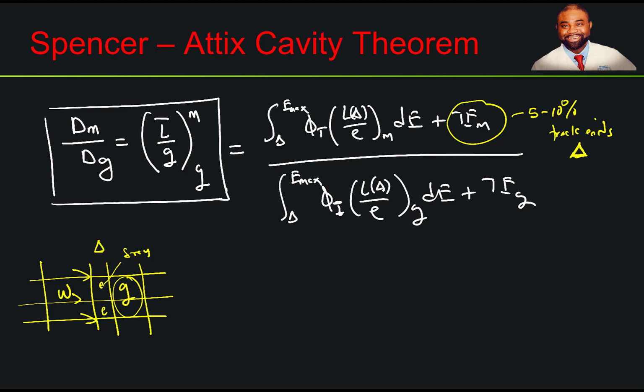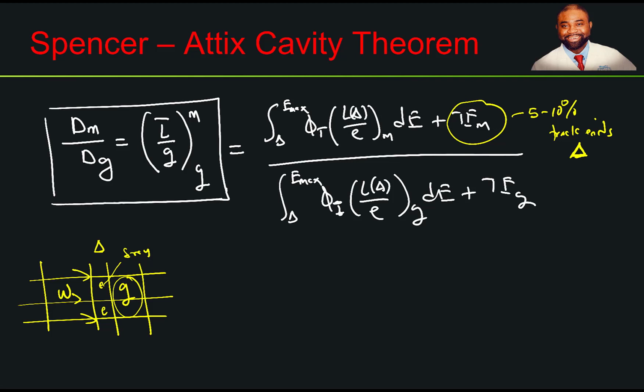This lowest energy for which secondary electrons must be considered is simply known as delta. Now, the parameter delta really is not well defined. It varies from author to author, so it depends what source you are reading. But the whole concept of the Spencer-Attix theory really is taking into consideration the delta rays generated within the walls of the chamber.